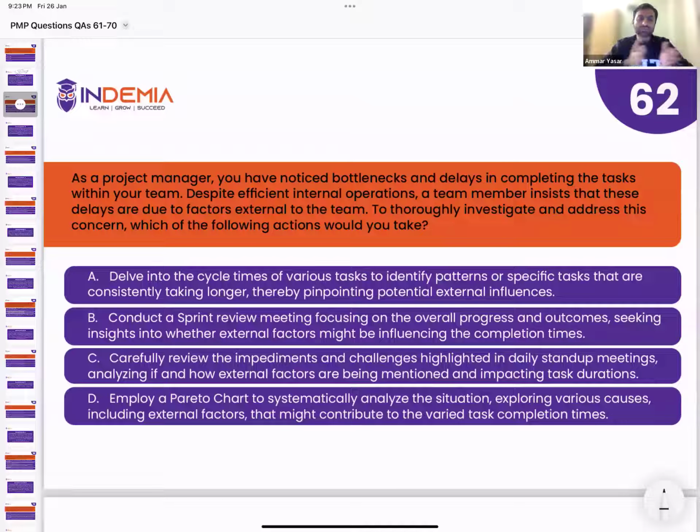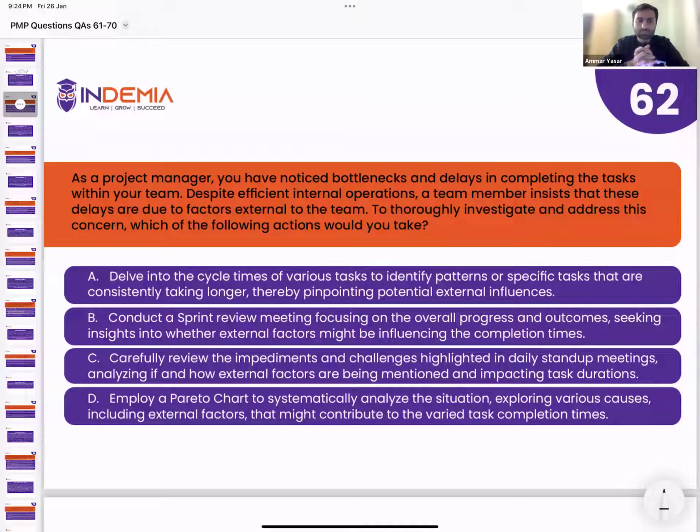Cycle time is the time an item takes from start till end. If there is fluctuation in cycle time, you analyze the reasons behind that. Normally cycle times are consistent throughout the process, so whenever there is external disruption, one or a couple of tasks show excessive delays, and then you can analyze what's wrong with those tasks.